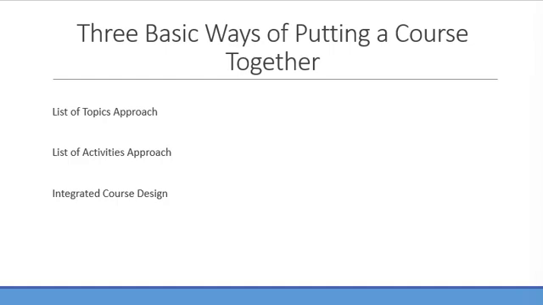And again, we're thinking about doing things to create significant learning. There are 3 basic ways of putting a course together. When you are faced with putting together a course, you're going to use the list of topics approach, or the list of activities approach, or the integrated course design.